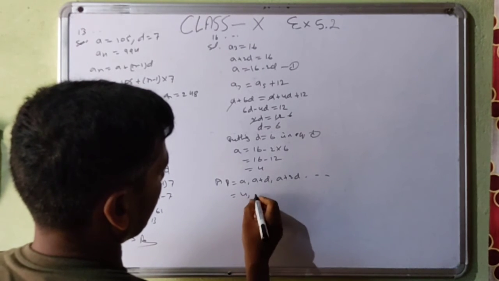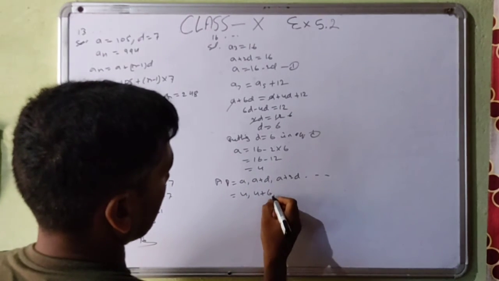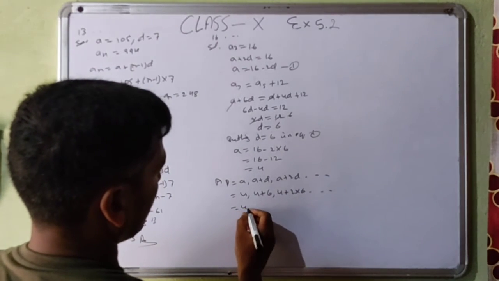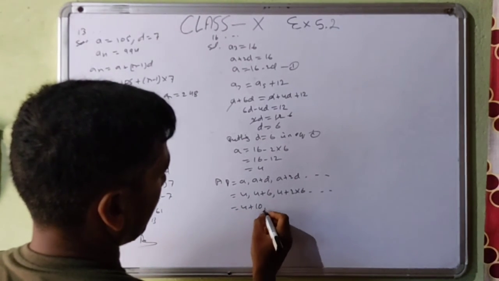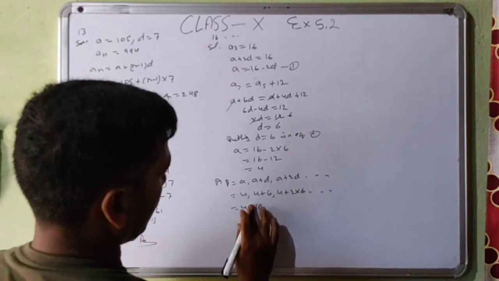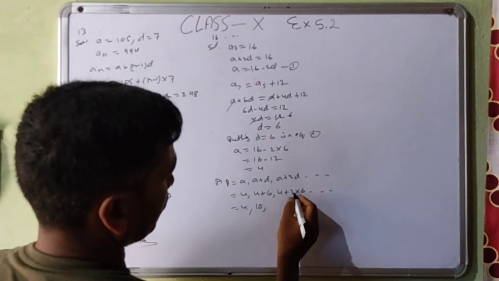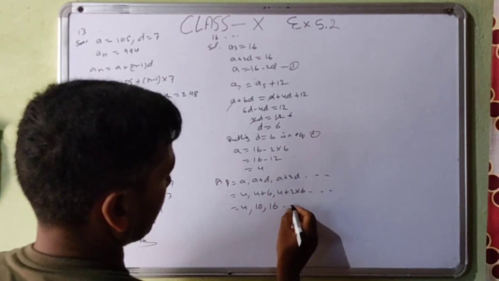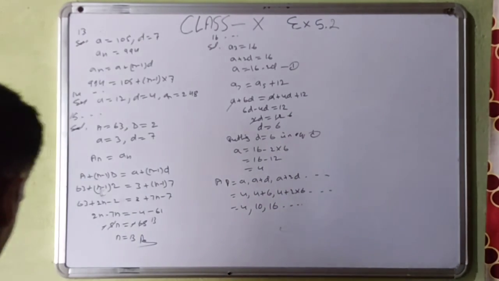So A is 4, 4 plus 6 is 10, 4 plus 2 into 6 is 16. So the AP is 4, 10, 16. This is the AP.